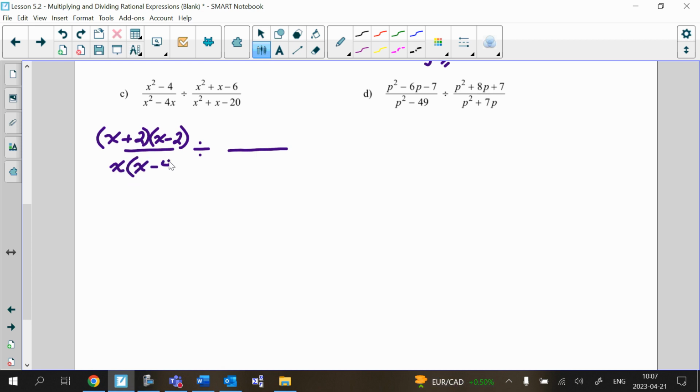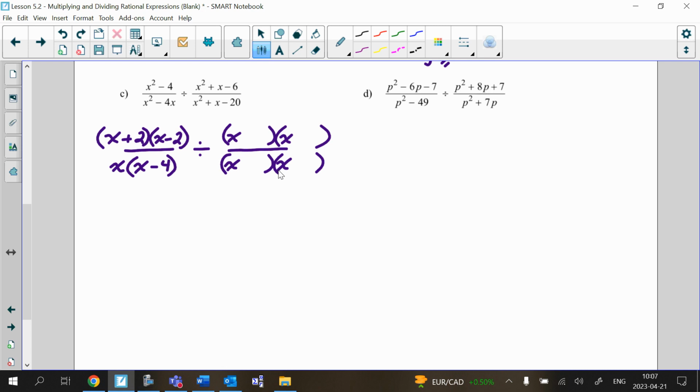Anybody got the first one, the top one? X plus 3, x minus 2. And the bottom one, x plus 5, x minus 4. Okay, so everything's in factored form.